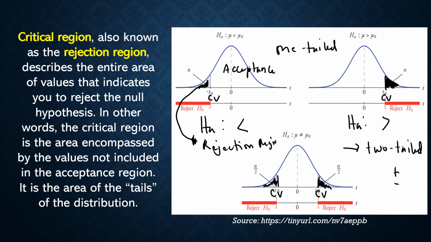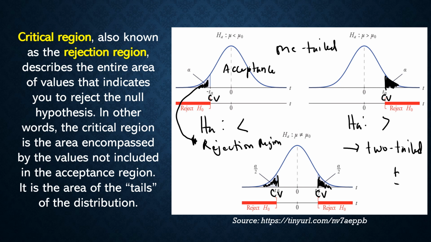If we plot our test value or computed value and it falls on the unshaded part, it implies that we're going to accept the null hypothesis. However, if the computed value or test value falls on the rejection region, or on the shaded part, it implies that we're going to reject the null hypothesis.